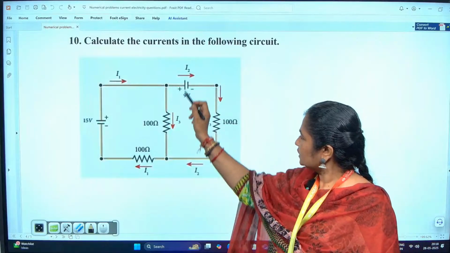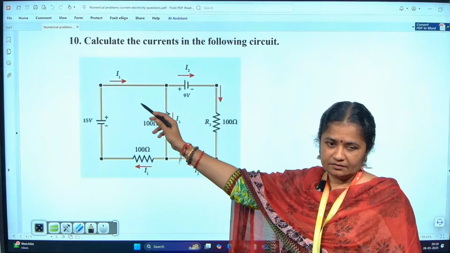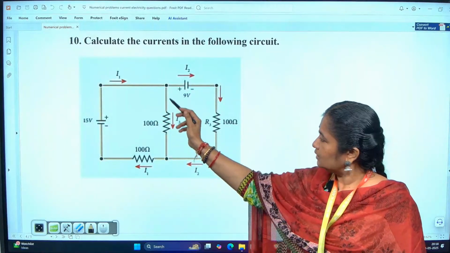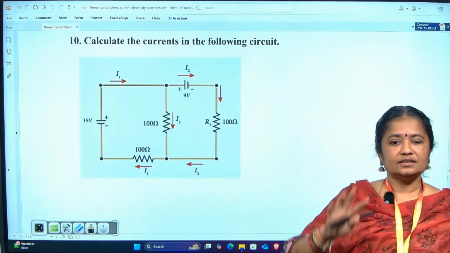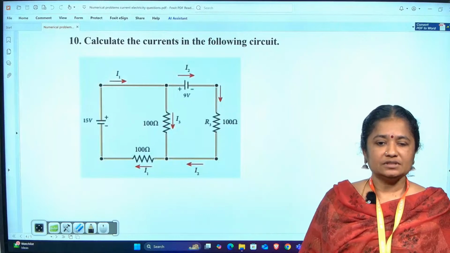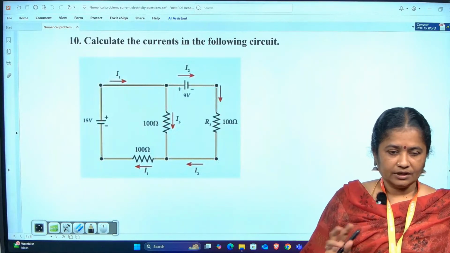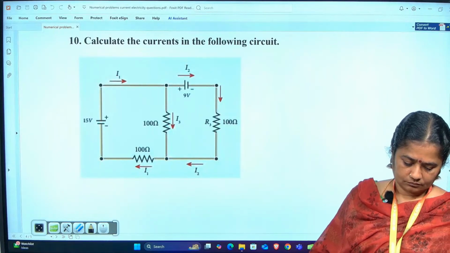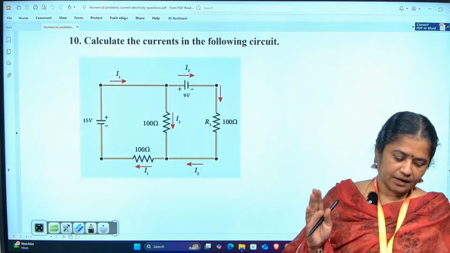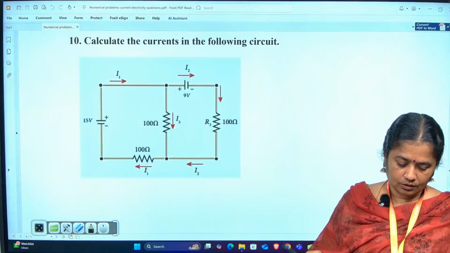Then I1 is equal to I2 plus I3. I1 splits as I2 plus I3. So wherever you have I1, you can reduce it to I2 plus I3. Then you will get two equations in two variables. You can easily solve. First equation: 100 I1 plus 100 I3 is equal to 15.